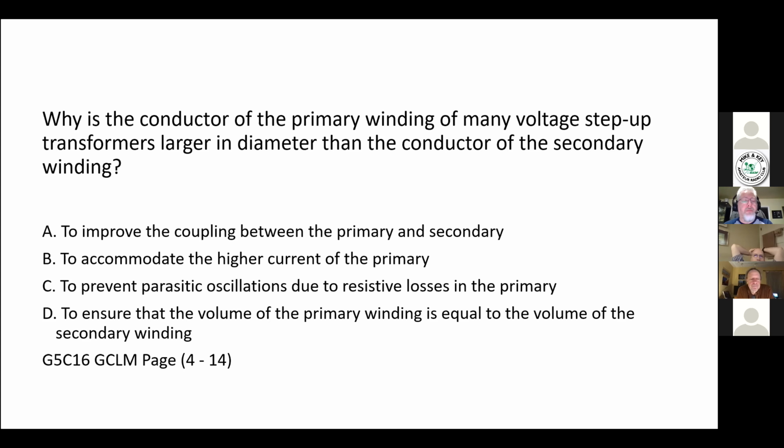C, to prevent parasitic oscillations due to the resistive losses in the primary. Or D, to ensure that the volume of the primary winding is equal to the volume of the secondary winding. Bravo is correct. Higher current is in the primary windings.